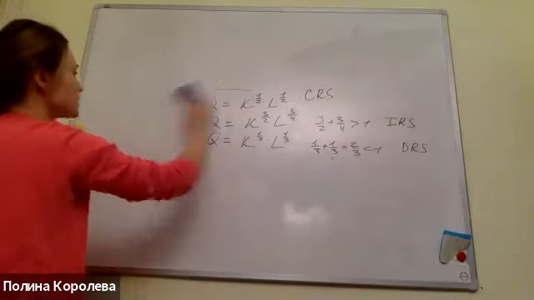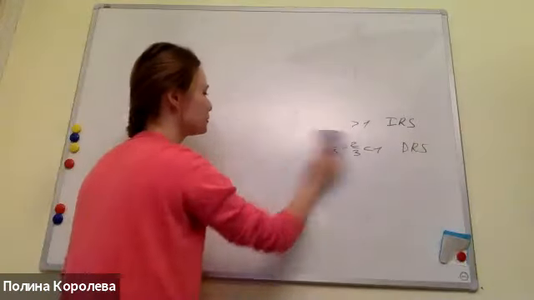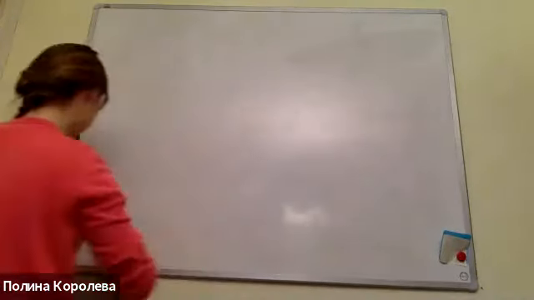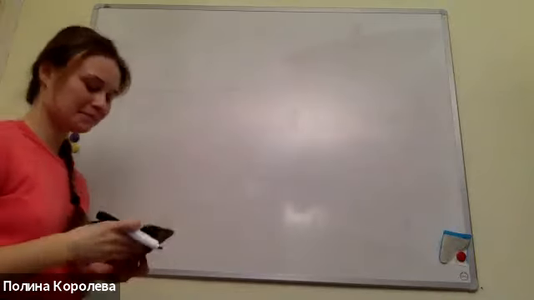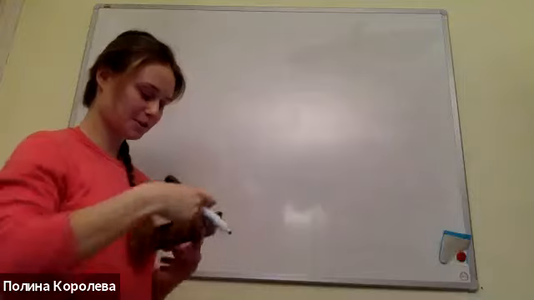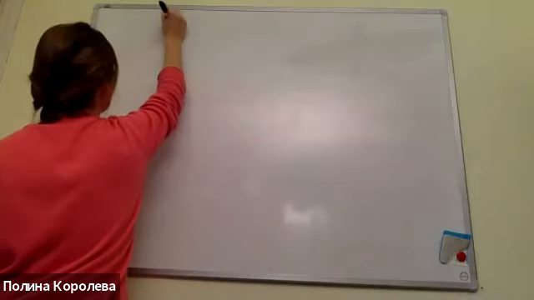Our next task is for you from the lecture. It's like a question from the quiz, not from yours, but I think it's a typical question from quiz number 3.